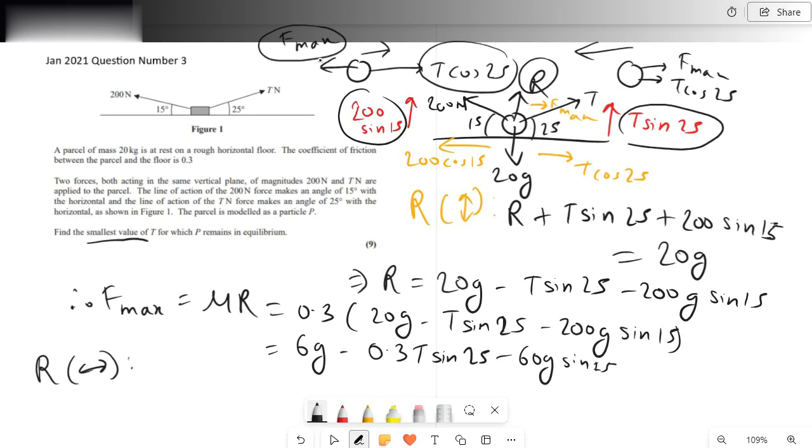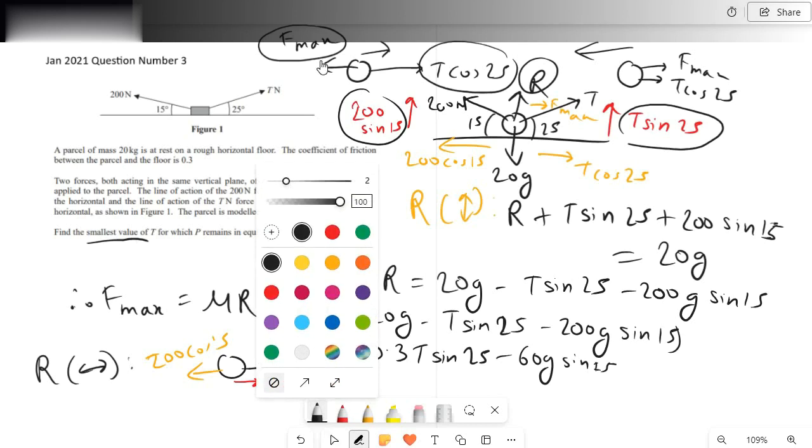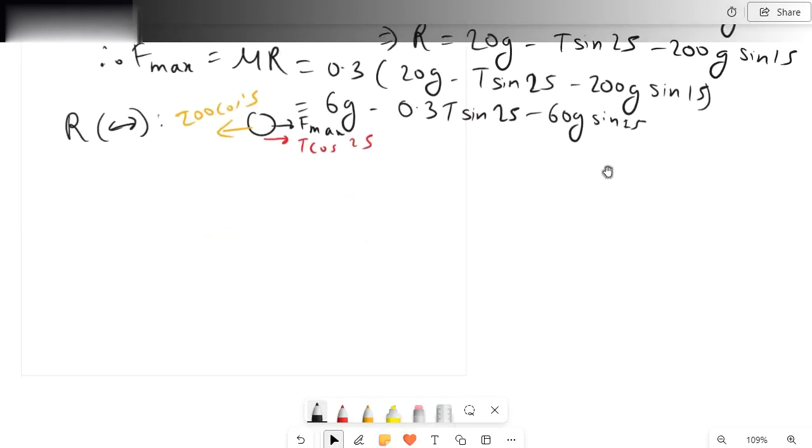So we can say that horizontally we have the following forces. We have F max acting, similarly we also have t cos 25, and towards the left we have 200 cos 15. Therefore we can say that 200 cos 15 is going to be equal to F max plus t cos 25.